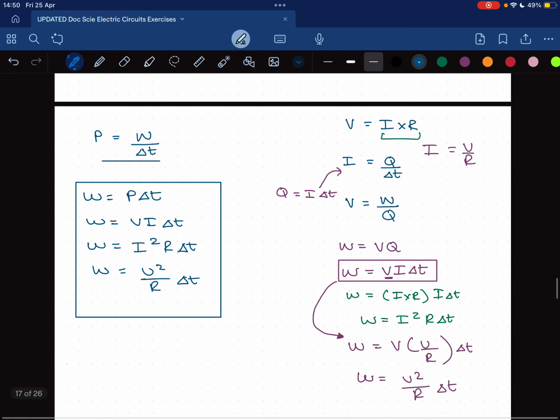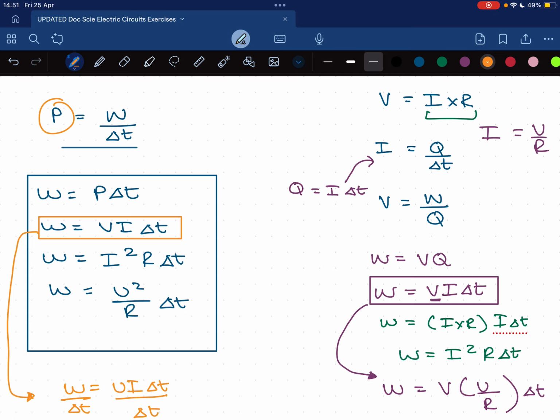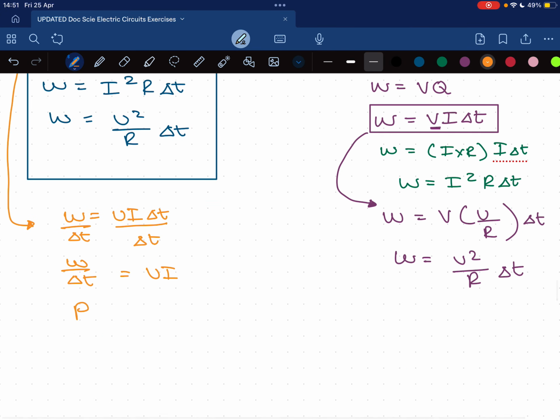Notice that if you said W is equal to VI delta T, and you divided both sides by delta T, you would have W over delta T is equal to VI, which we've already established power is equal to W over delta T. So that's where that P is equal to I times V comes from.